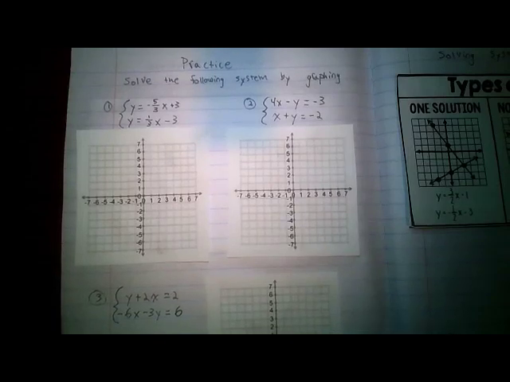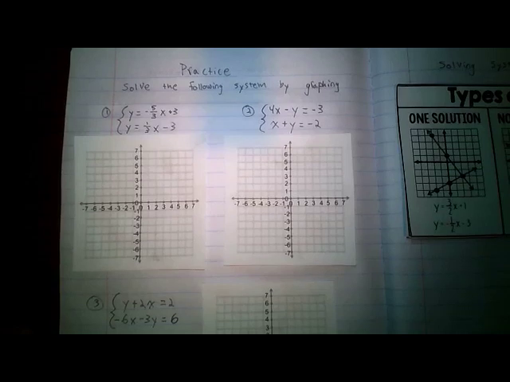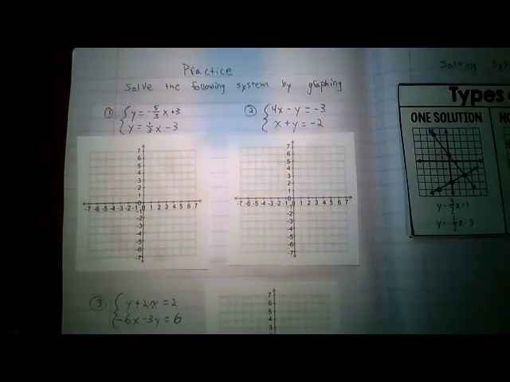On the left side, I'd like you to do the following practice problems. You're going to solve the following systems by graphing. The first one is y equals negative 5/3 x plus 3, and y equals 1/3 x minus 3. Number 2 is 4x minus y equals negative 3, and x plus y equals negative 2.